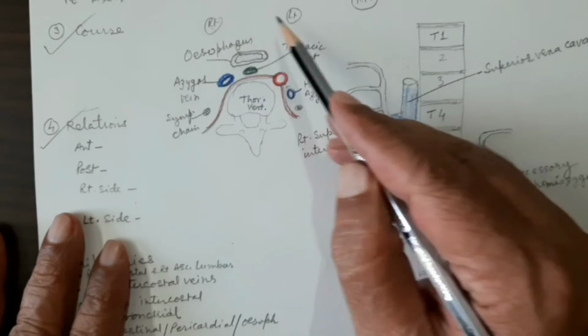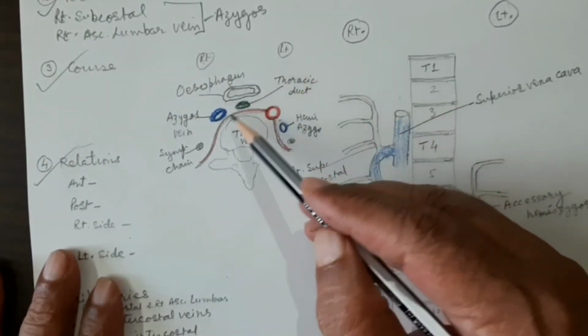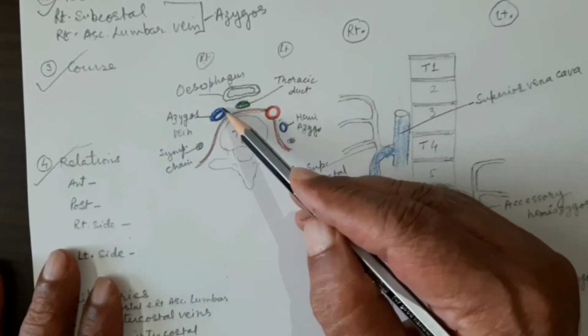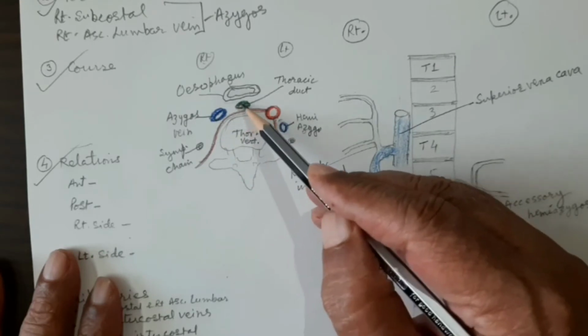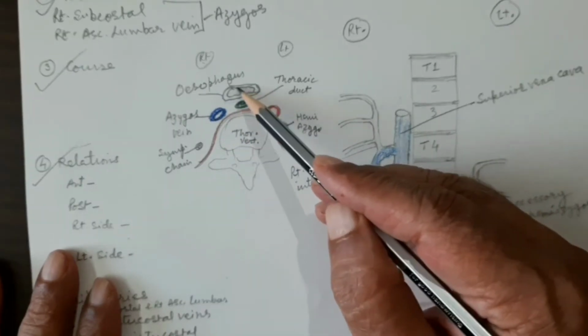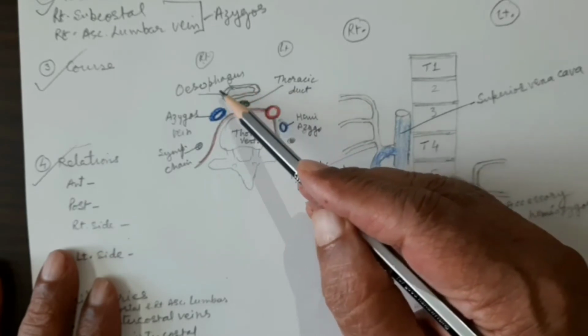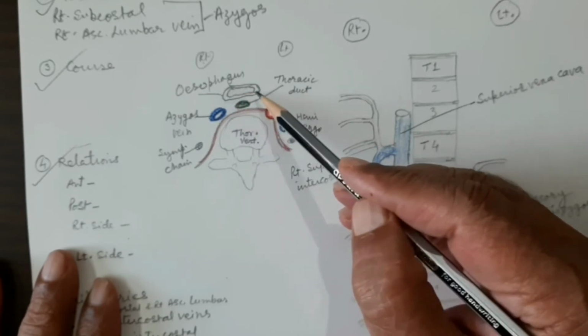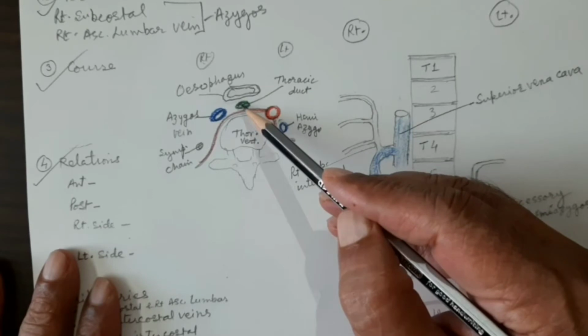This is the right side and this is the left side. This is the azygos vein, this is the thoracic duct, and this is the flattened muscular tube, the esophagus.